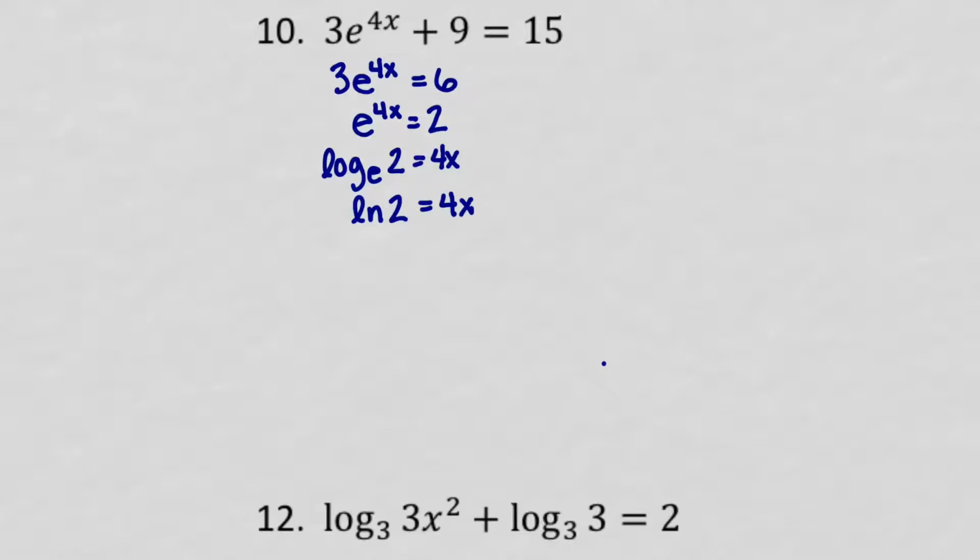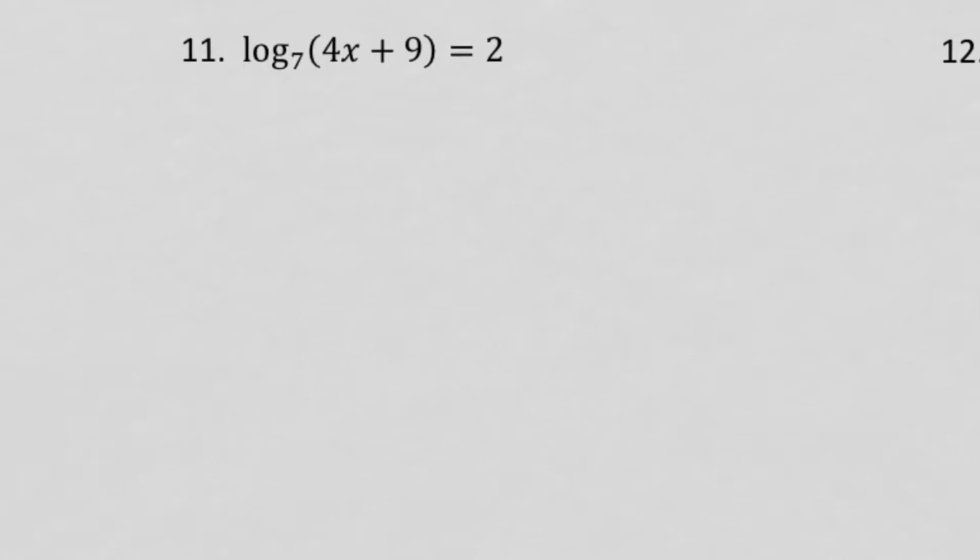So this is a button in your calculator, so we don't need to do a change of base formula or anything like that. But I know then to get x by itself, I have to divide by 4. So I have natural log of 2 divided by 4. Again, if it puts it in parentheses, make sure to end that parentheses before dividing. I can type all that in my calculator, and I get that x equals 0.17.